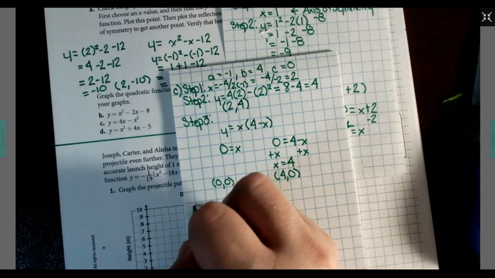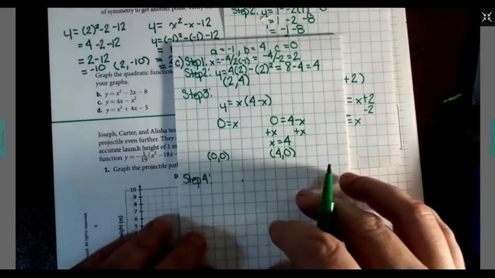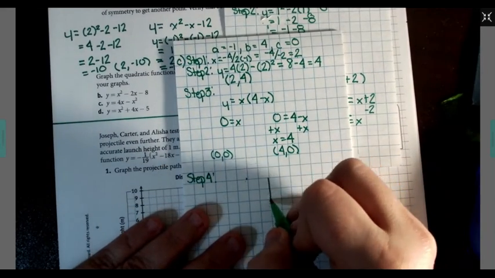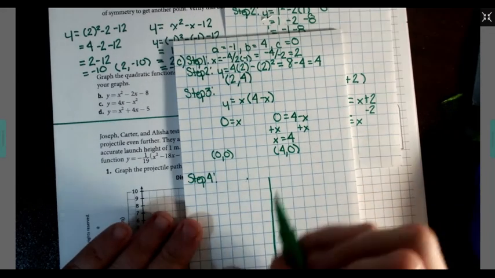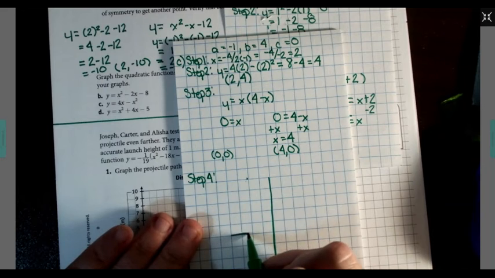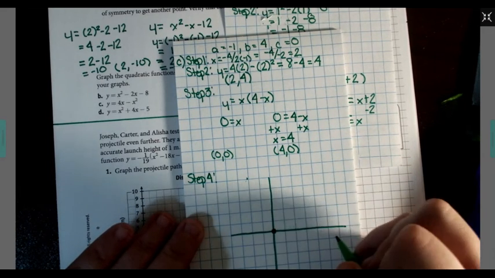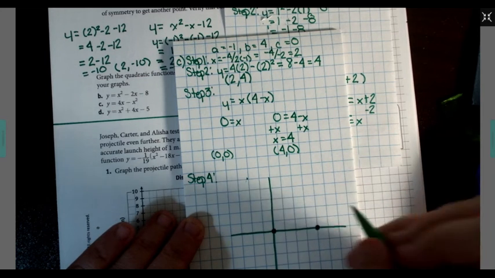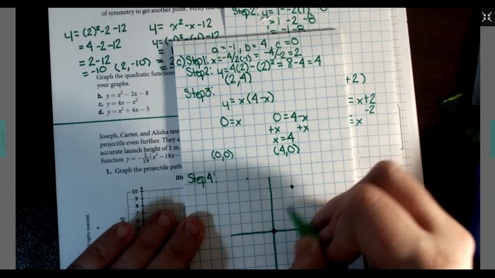So now in step 4, we graph the 3 important points. So let's take a look. We got a point at 0, 0. We got a point at 4, 0. And I've got a point at 2, 4.